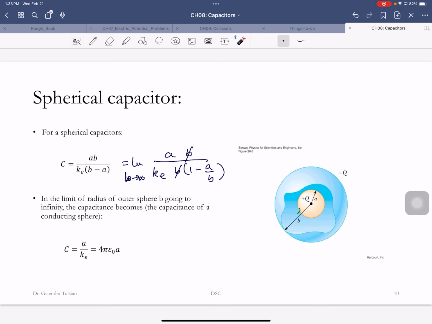So the capacitance of just a spherical piece of metal is A over K E.